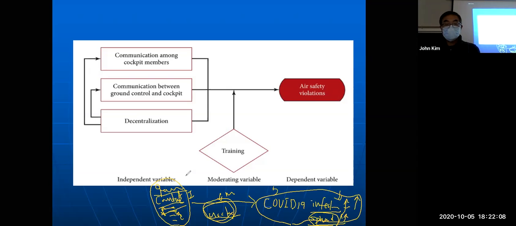So using a graphical approach, first define what can be an independent variable of your research, what can be a dependent variable, and what is the solution that can be a moderating variable.